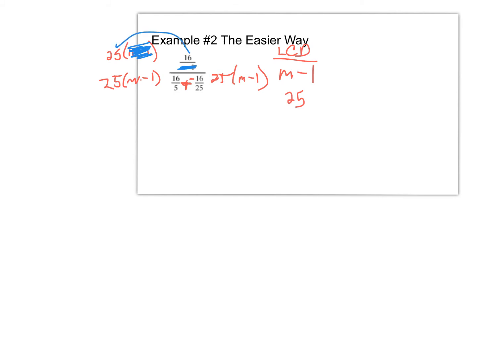So then I do 25 times 16, that's going to be 400. Over, now here, 5 and 25 reduce, I make this 5. Okay, so now we're going to do 16 times 5, that's 80. 80 times m is 80m. 16 times 5 is 80 times negative 1 is negative 80.